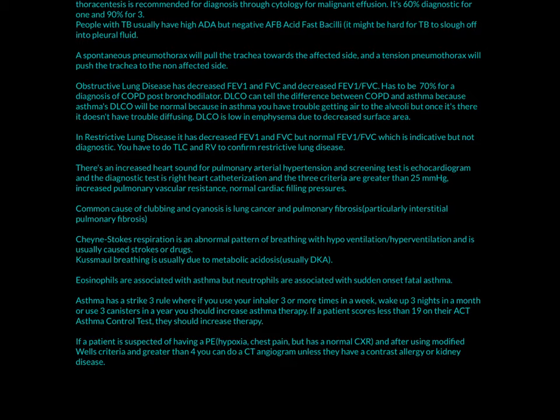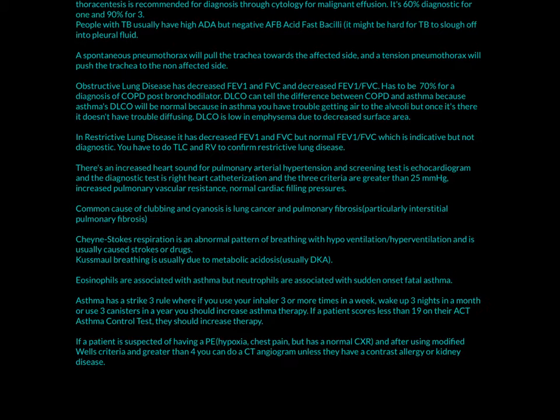So next we'll talk about obstructive lung disease. Obstructive lung disease has a decreased FEV1 and a decreased FVC, and then overall it has a decreased FEV1 over FVC ratio. To diagnose it as COPD, it has to be post-bronchodilator and it has to be less than 70.